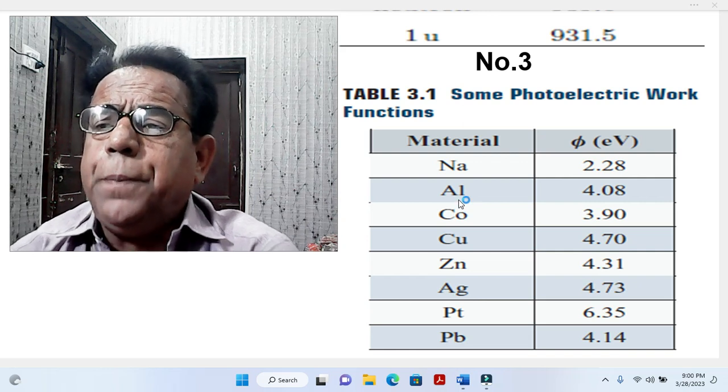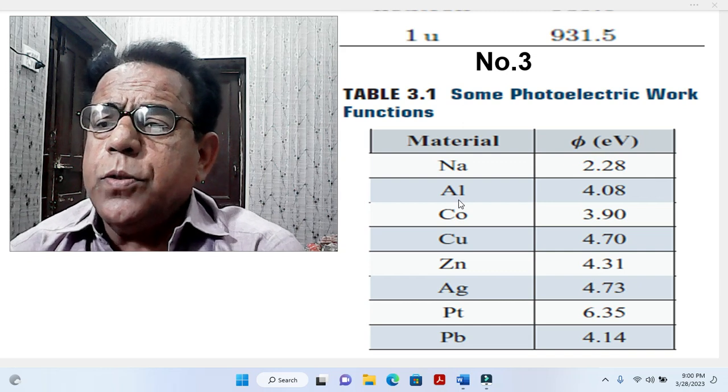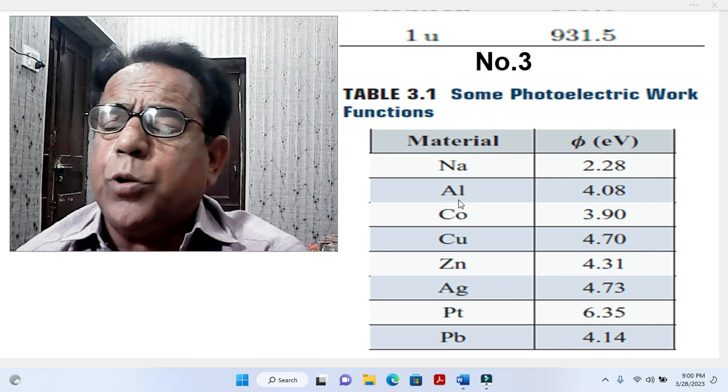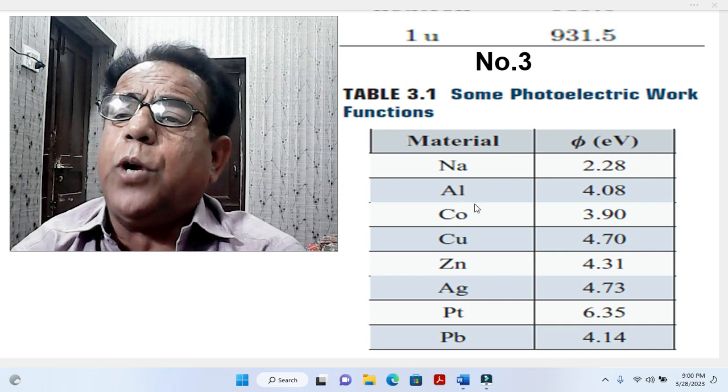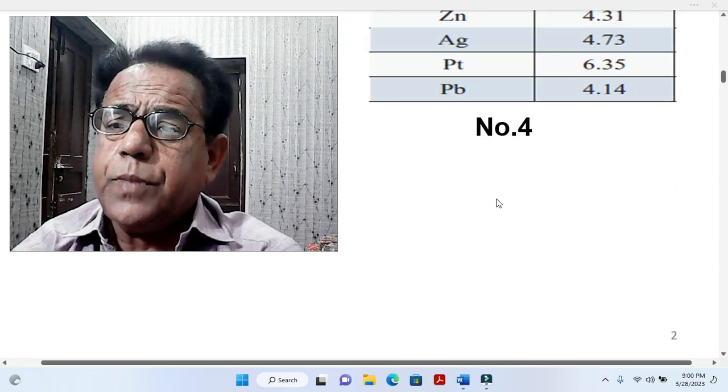Aluminum having photoelectric work function 4.08. Photoelectric work function denoted by phi is 4.08 for aluminum.